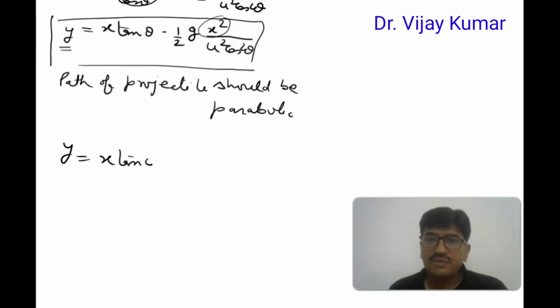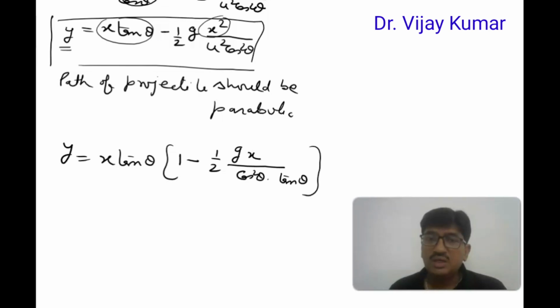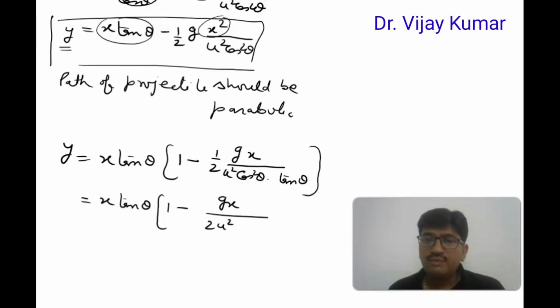Taking x tan theta outside the bracket, it becomes 1 minus gx upon 2u square cos square theta tan theta.